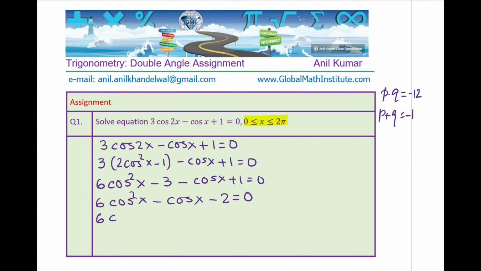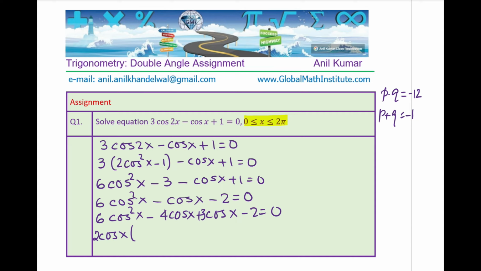So let's write this. So 6 cos square x minus 4 cos x plus 3 cos x minus 2 equals to 0. From these two terms, we can factor 2 cos x. And what we get here is 3 cos x, oh, 4 plus 3.